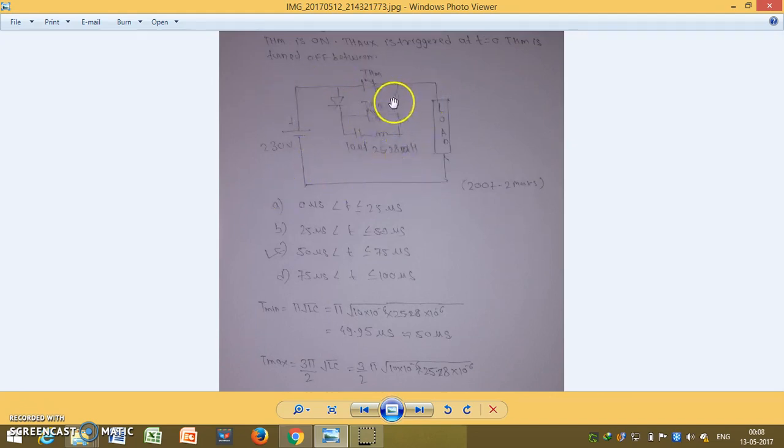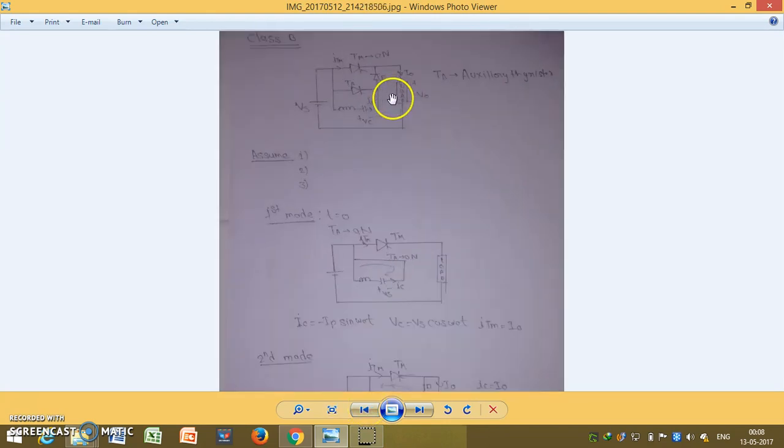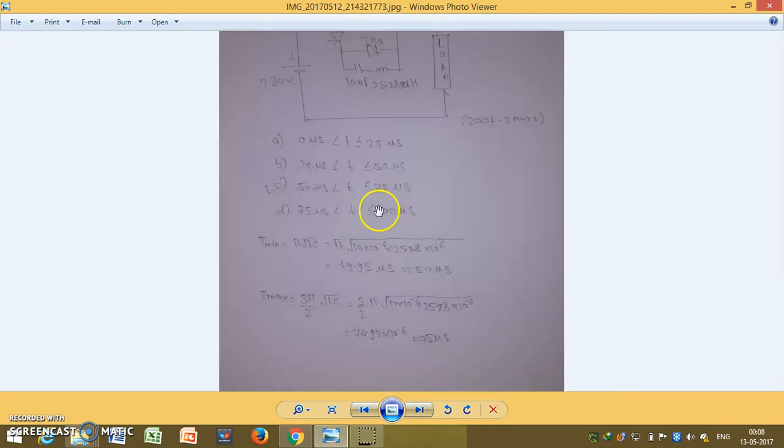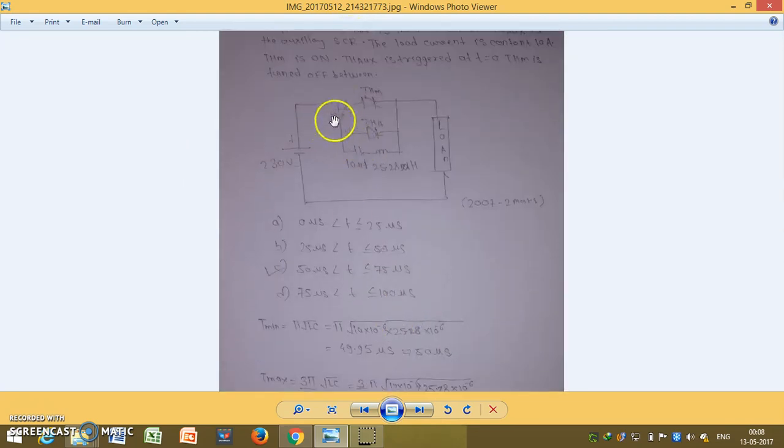In our circuit the thyristor is here, the diode is here, but in this one the diode is here. Sorry, this is not a thyristor, this is a diode. Make the correction.